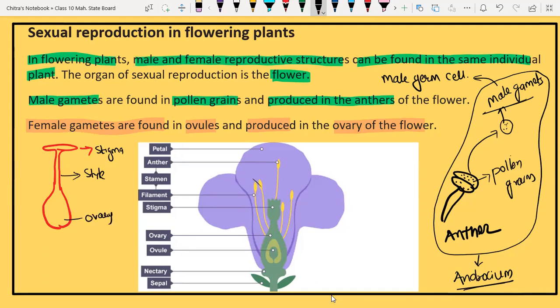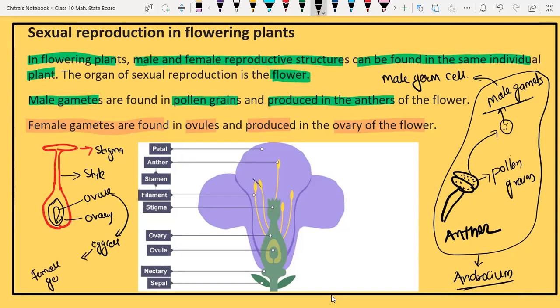Inside the ovary we have ovules. Ovule is nothing but the egg cell. Egg cell is also called the female germ cell.